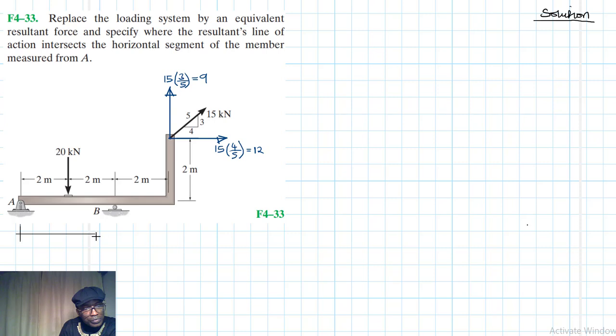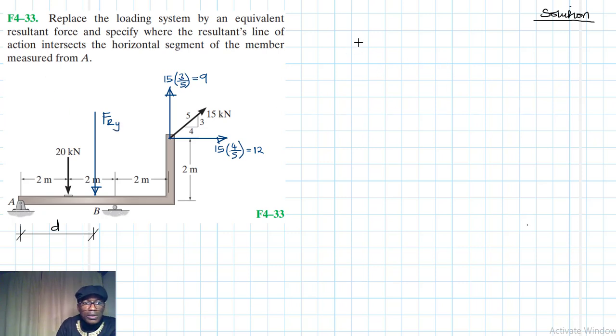So let's assume the vertical component will be located somewhere there at distance D measured from A. Let's say we have a resultant at this point D, like so, pointing down, and we call it FRY.